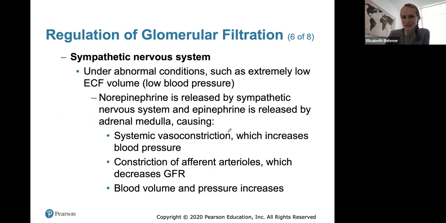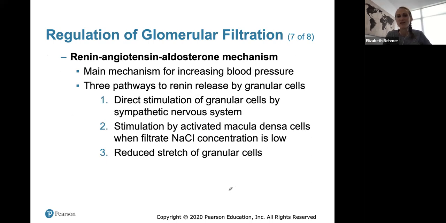The sympathetic nervous system helps to control under extremely low extracellular fluid volume. So if there's low blood pressure, norepinephrine will be released to cause vasoconstriction, constriction of afferent arterioles, basically to try to increase blood volume and blood pressure. The renin-angiotensin-aldosterone mechanism is the main mechanism in the body for increasing blood pressure.